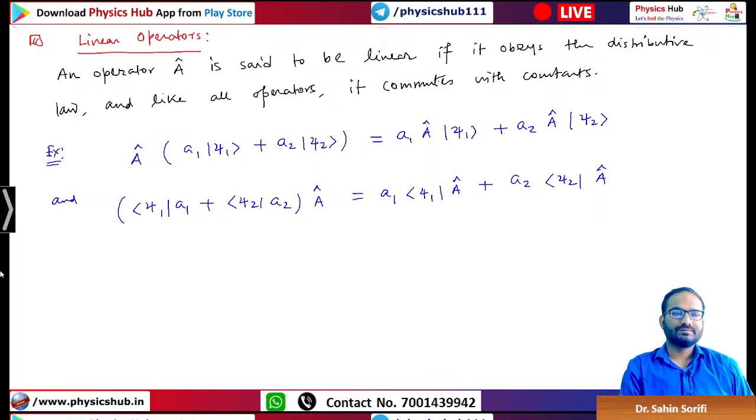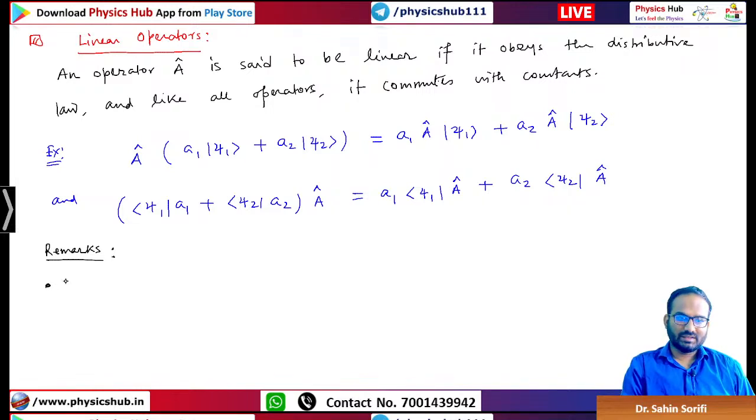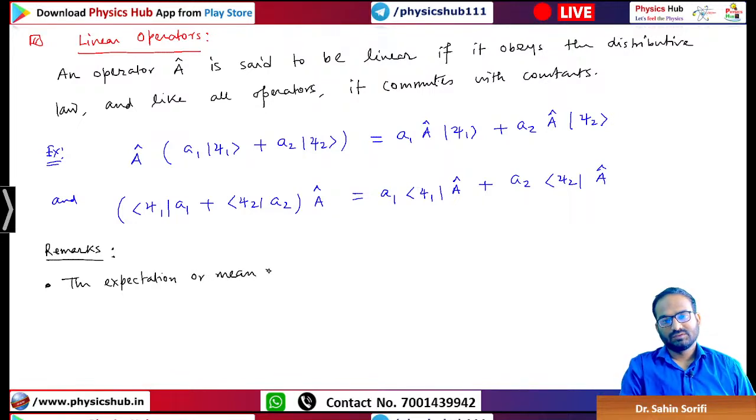These are some examples. Now there are some remarks in this context. On this occasion, we can define the expectation value. The expectation or mean value of this operator A, we represent it by writing it under the two arrows.